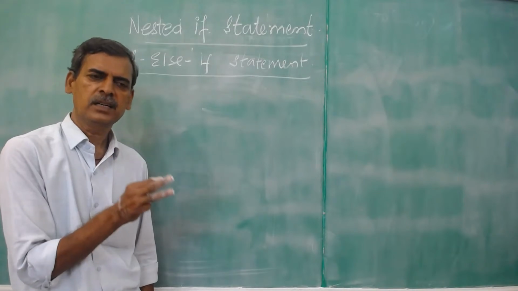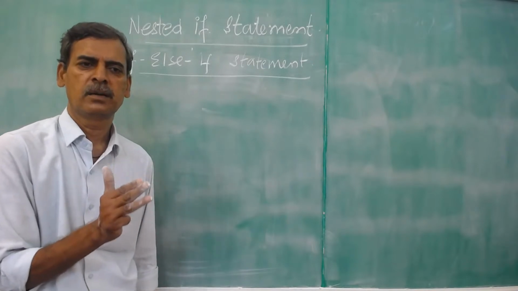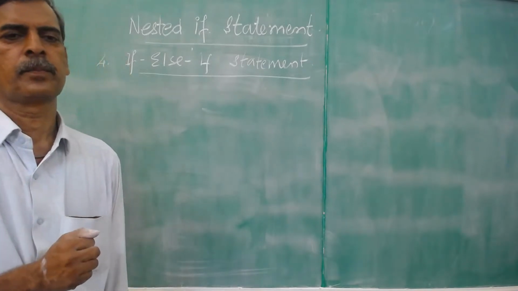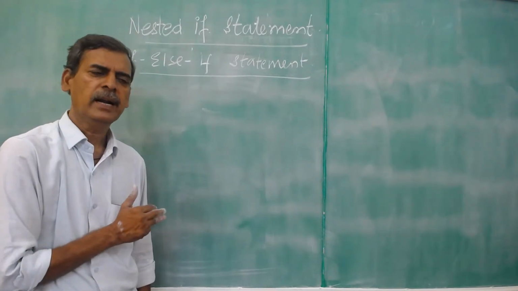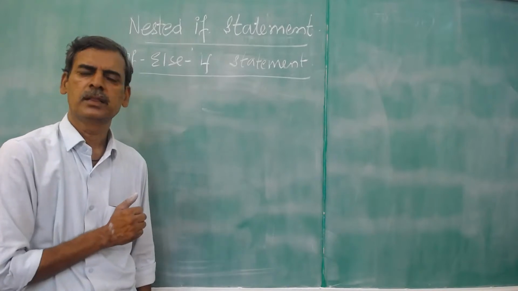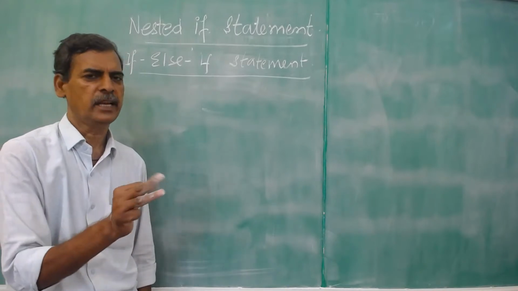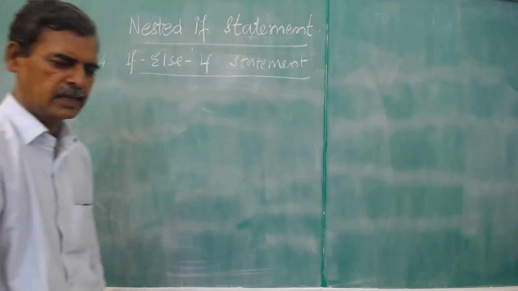If the third test condition is true, then statements in the third block are executed. This process of checking test conditions continues. At the end, if none of the test conditions is true, then the default statement is executed. You can see the syntax.